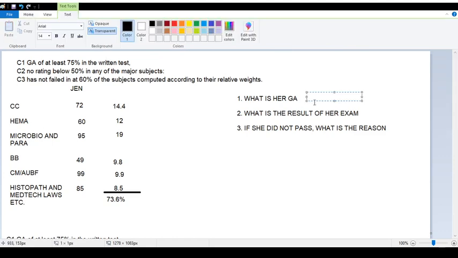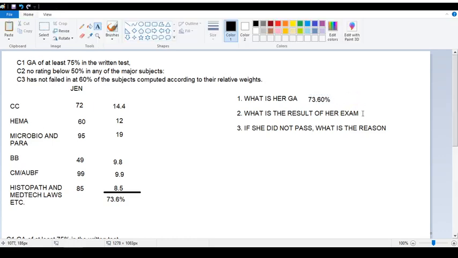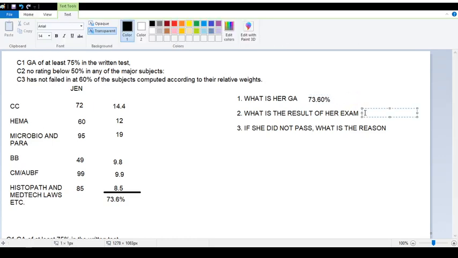In your quiz, ganito yung gagawin nyo. You just encode 73 point, so you use 2 decimal places for uniformity, 73.60%. So what is the result of her exam? That is failed. So bagsak siya dun sa exam.